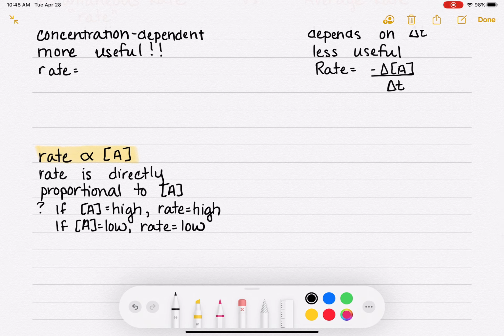So instead of using our direct proportionality, in order to turn this into an equality, we have to add a constant into this equation. And the constant that we use is symbolized with a lowercase k, and we call that lowercase k the rate constant.